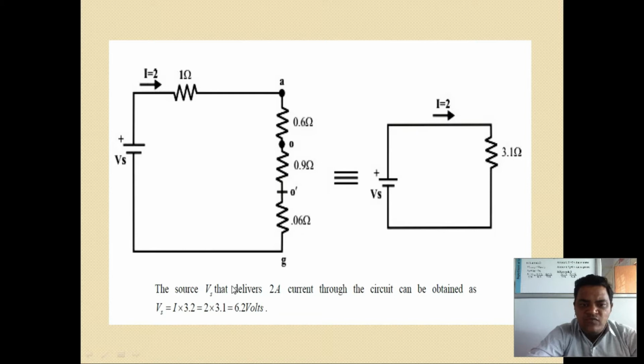The source Vs that delivers the 2 ampere current through the circuit can be obtained as Vs equal to I into the total resistance 3.1. Therefore 2 into 3.1 is equal to 6.2 volt. So the supply voltage asked for is 6.2 volt.